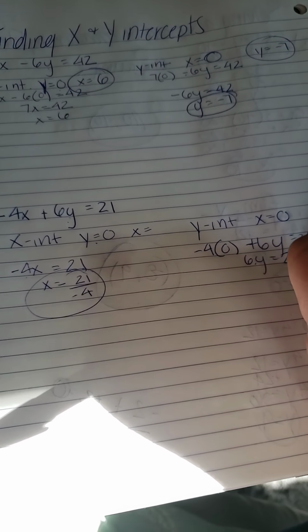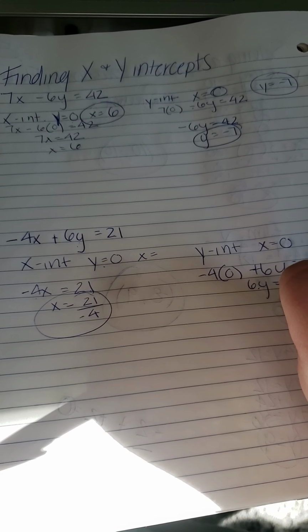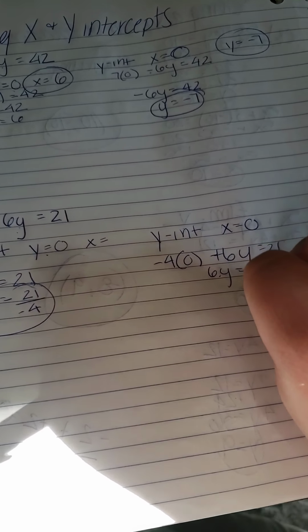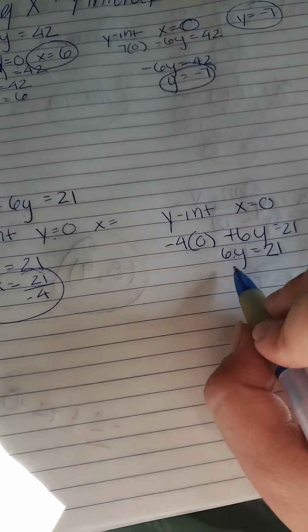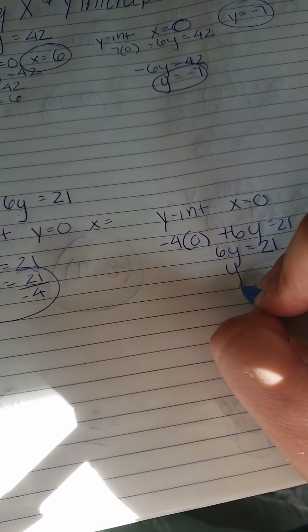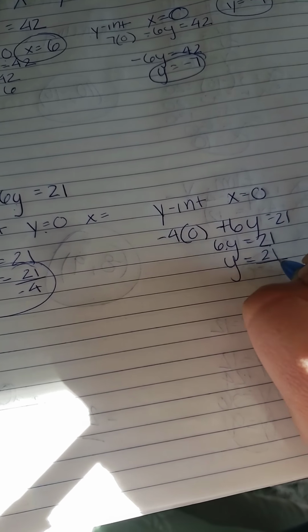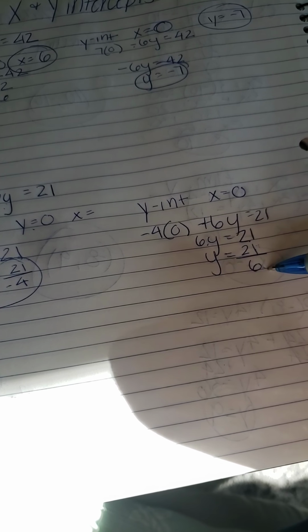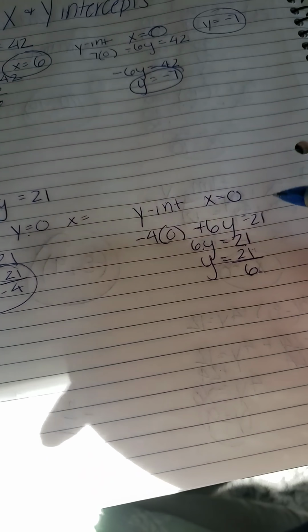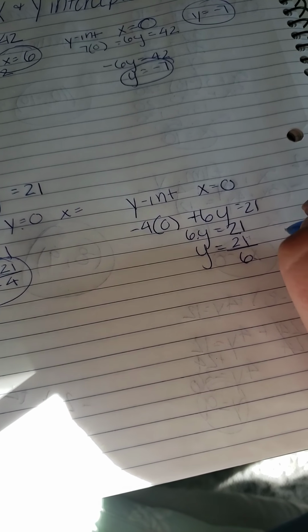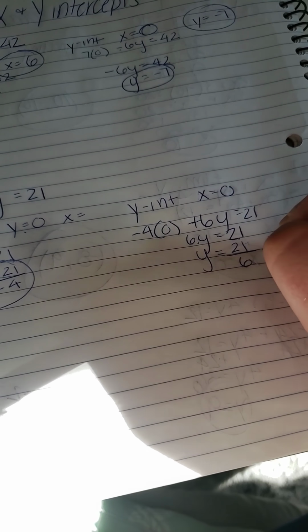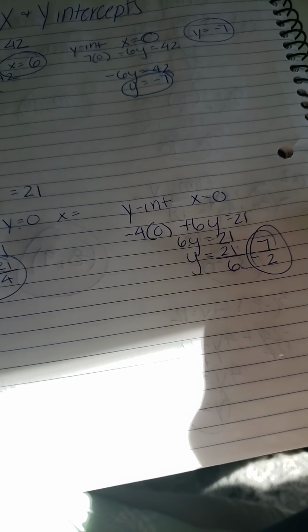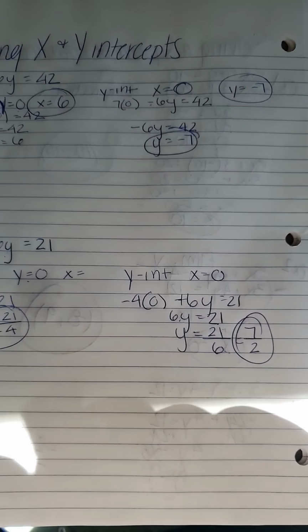And 6 doesn't go into 21, so then it would just be another fraction. And simplify it as much as possible. 3 goes into both of these. So this becomes 7/2. Okay? Those are the two types that you will get.